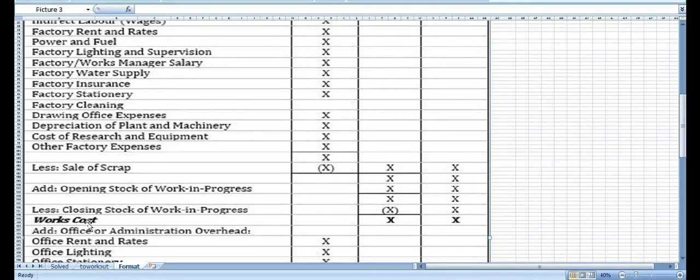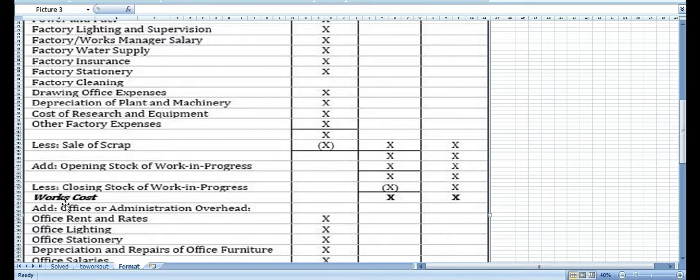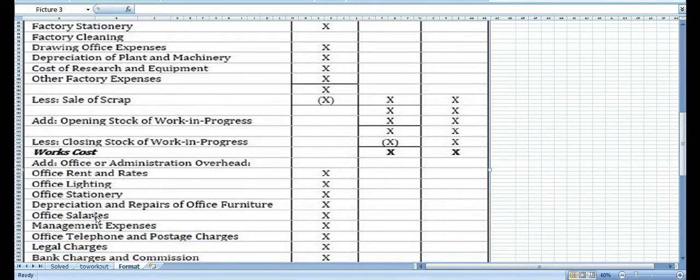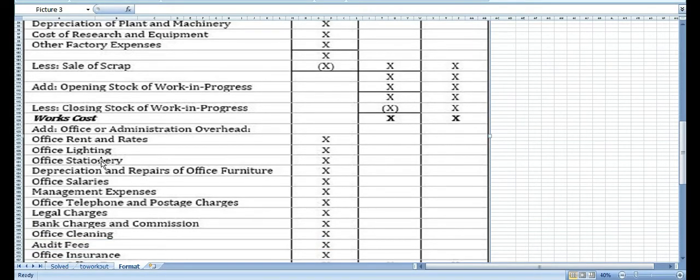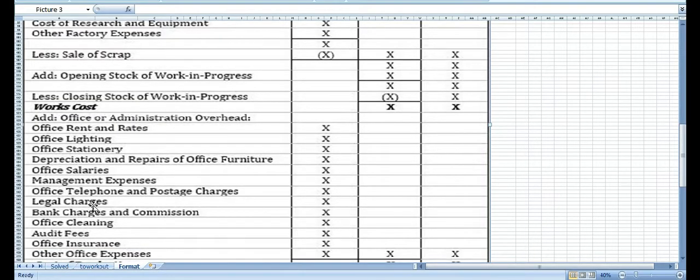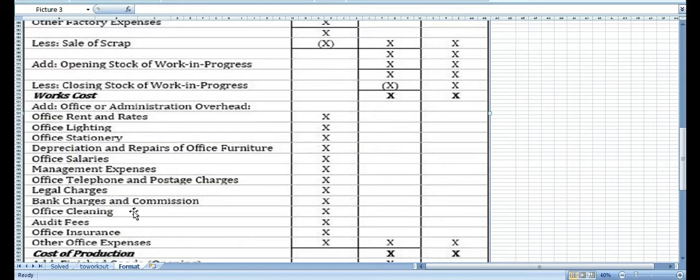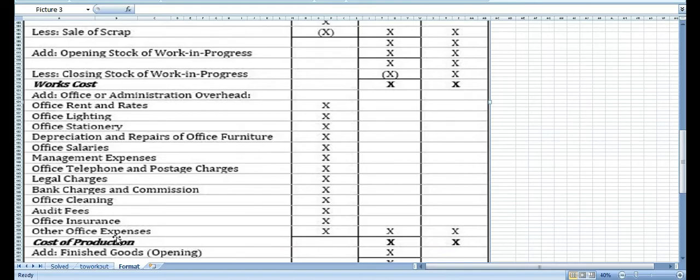To the work cost, we add office and administration overheads. The office and administration overheads are office rent and rates, office lighting, office stationery, depreciation and repairs of office furniture, office salary, management expenses, office telephone and postage charges, legal charges, bank charges and commission, office cleaning, audit fee, office insurance, and other office expenses.